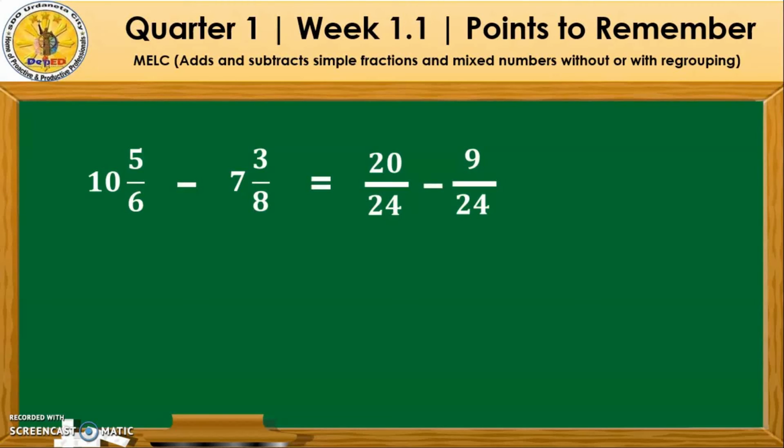So we now have 20/24 minus 9/24. What is the answer? 11/24. That's right. So if we put the whole number we got earlier together with our fraction, what is our final answer? Very good. Our final answer is 3 11/24.